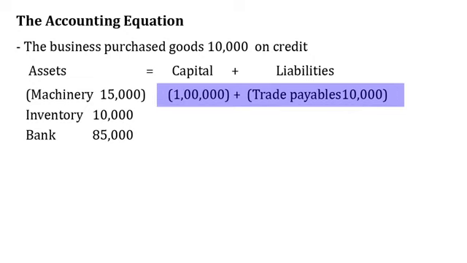Now if you take the total of capital plus liability, it comes to rupees 1,10,000, and we have assets of rupees 1,10,000, out of which 10,000 belongs to the outsider from whom the goods have been purchased. So the asset side total is 1,10,000, contributed by the owner 1 lakh and the outsider 10,000.